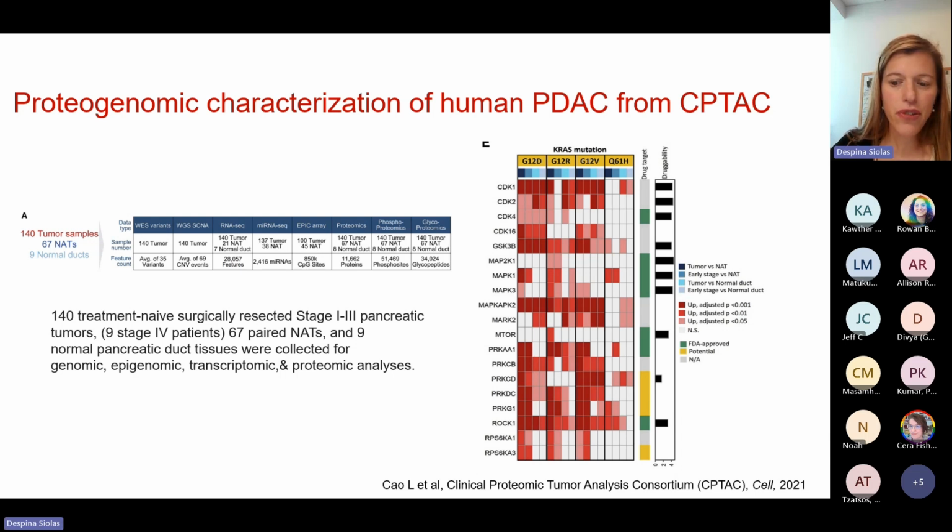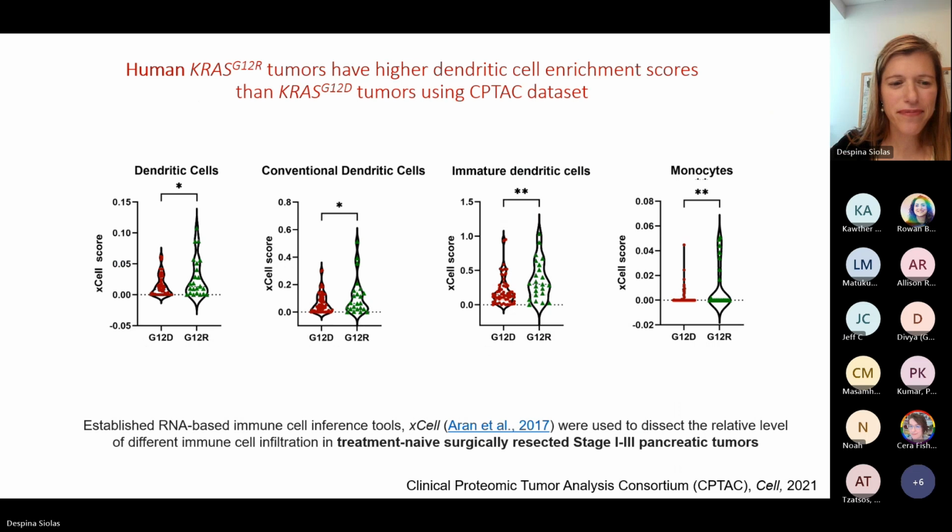And the other interesting thing is that this particular pancreas cohort is 140 treatment naive, surgically resected, stage 1 through 3. Stage 1 through 3 means no liver mets, no lung mets. It's just pancreas, maybe lymph, and probably lymph nodes. Stage 1 through 3 pancreatic tumors that were collected for analysis.